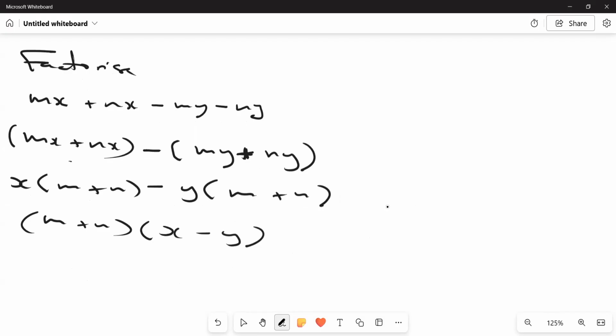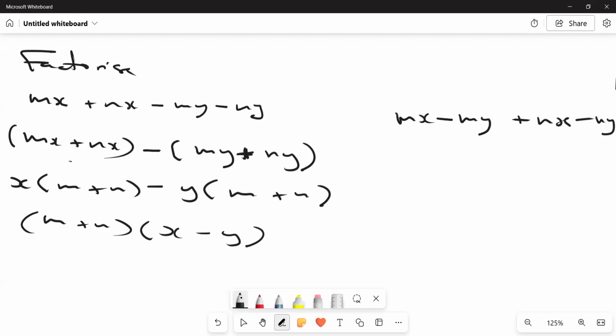Put the m's together, watch. Go with mx. Take this mx and this, you see, is minus my here. So you put the m's together, plus nx minus ny. And now you can safely group them together because there's a plus sign here. You don't have to worry.